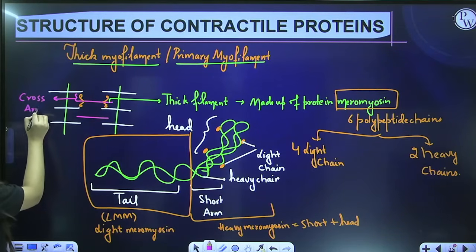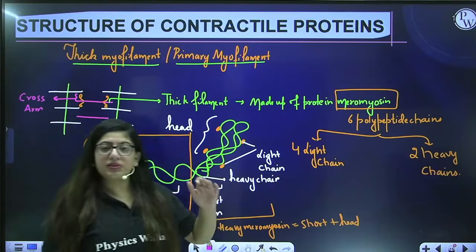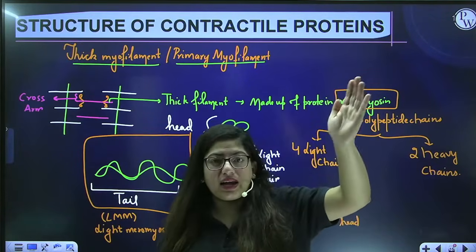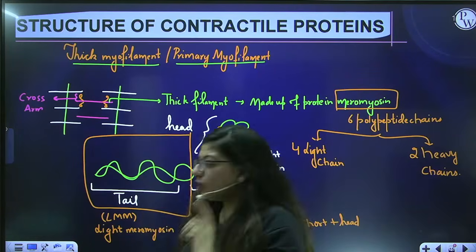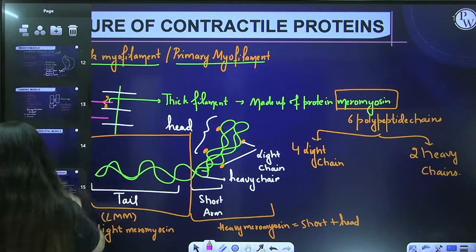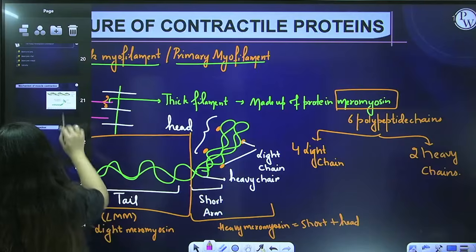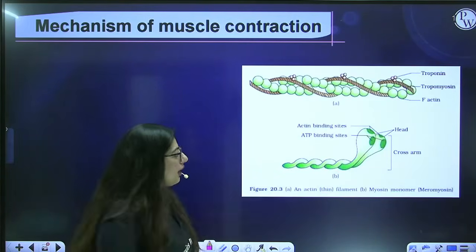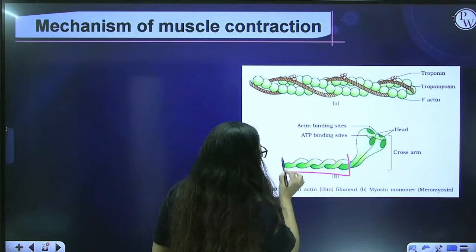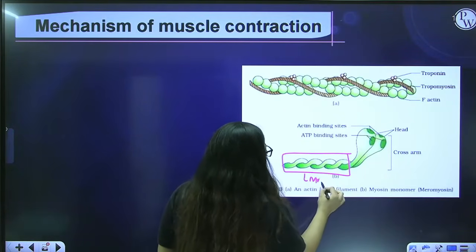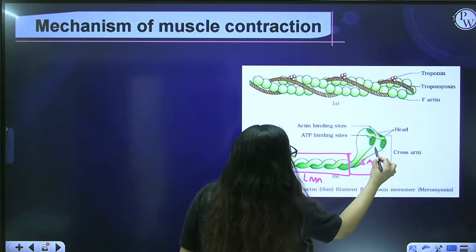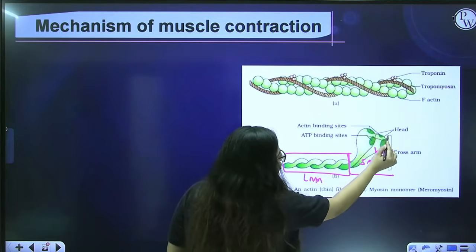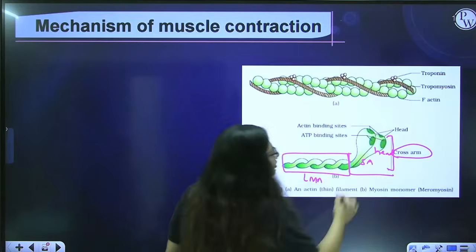Basically, the head and short arm sometimes get projected outside, and you call it the cross arm. You must have seen this diagram in the NCERT. Let me show you this diagram, guys. You can see here this portion is the tail, this is light meromyosin, whereas this portion with the short arm and head is your heavy meromyosin. The short arm and head are projected outward, and you call it the cross arm.